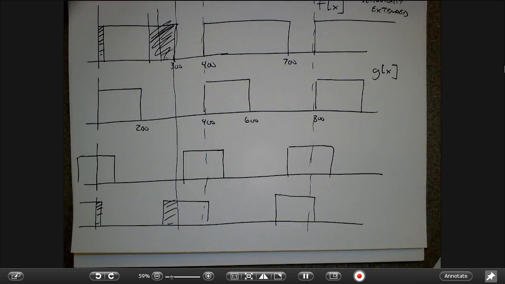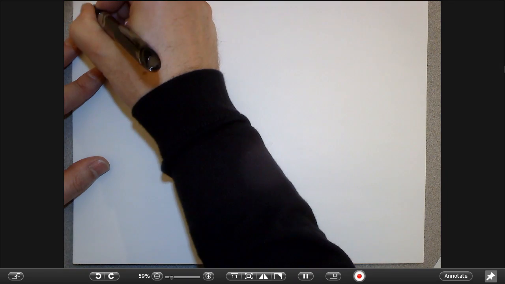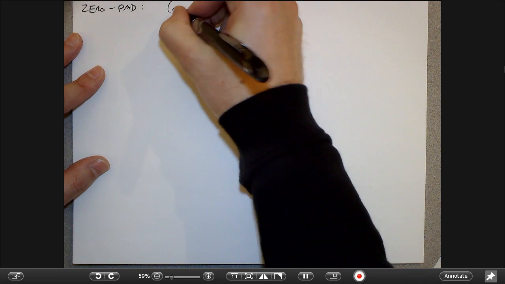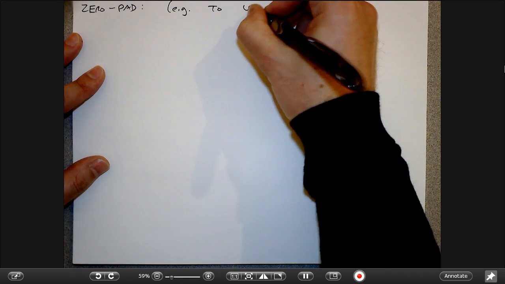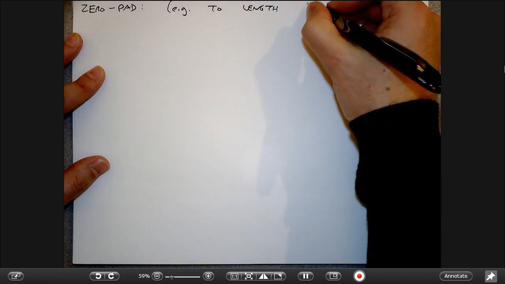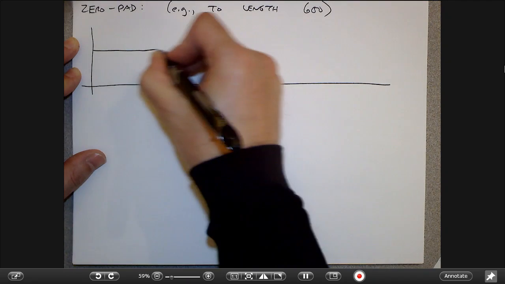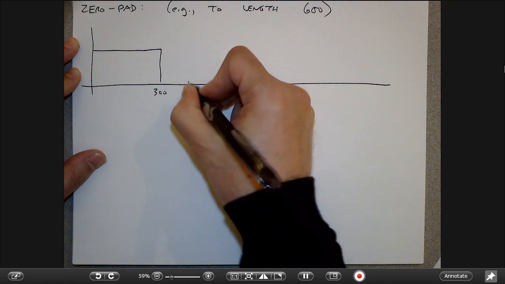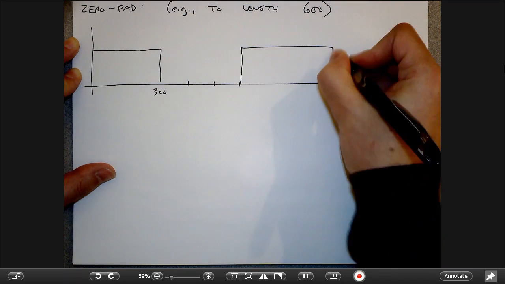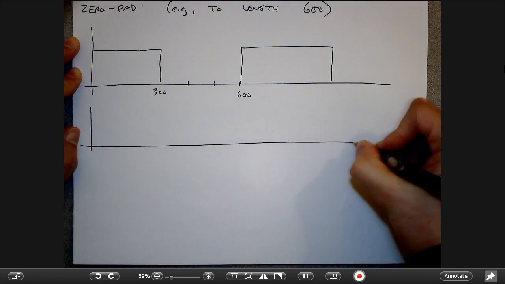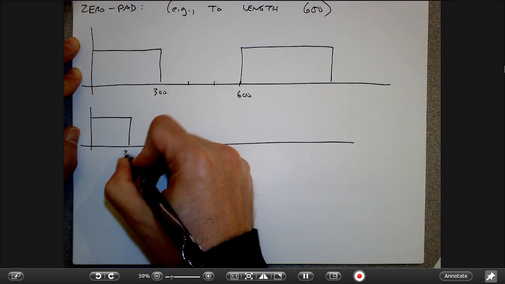Okay. And so if I wanted to avoid that problem, what I could do is zero pad to length 600, which is going to be overkill, but we can at least see how it looks. So here I would have a picture that looks like this, 400, 500, 600, and I would zero pad my other signal to be like this.